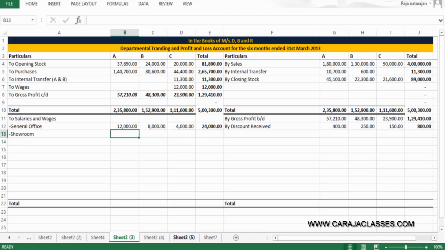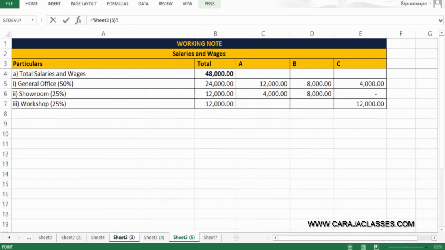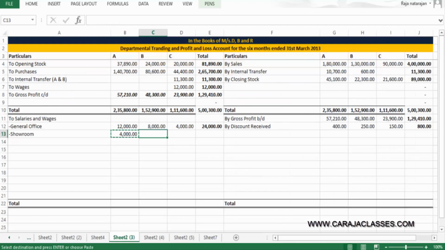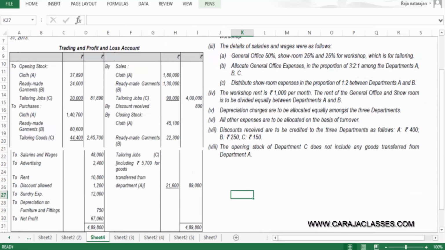Then comes showroom. I can pick up from here. Showroom, the total is 12,000, whereas it is divided only between A and B. For A it's going to be 4,000 and for B it's going to be 8,000, and here it's nothing, so it's 12,000.